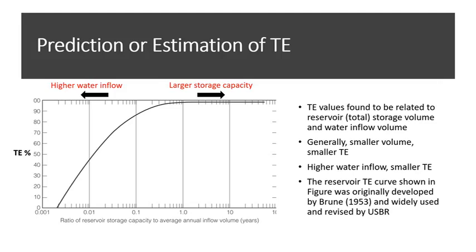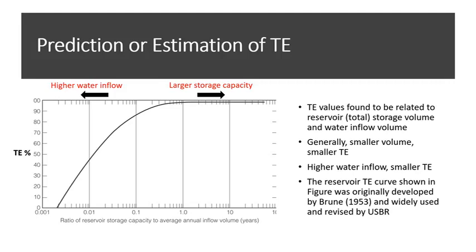If you look at the figure, the y-axis is the trap efficiency in percentage, and the x-axis is a ratio: the total storage capacity of the reservoir to the average annual inflow volume, or the water inflow.